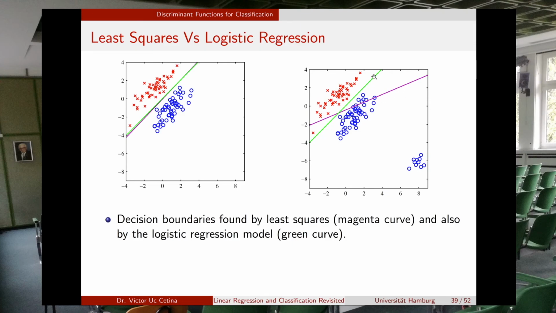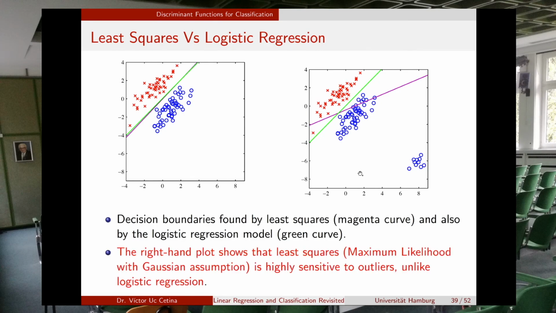And the logistic regression, you see, is robust to this kind of sets, because in this case what we're simply doing is finding a line that will separate the points. So every red point will be on the upper side of this line, and every blue point will be on the other side.